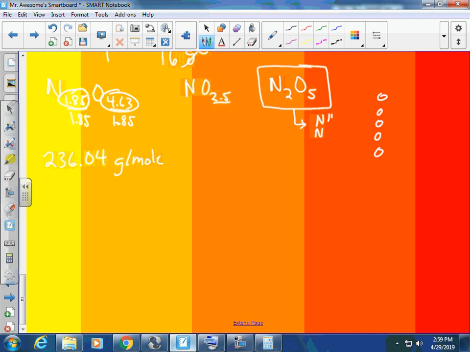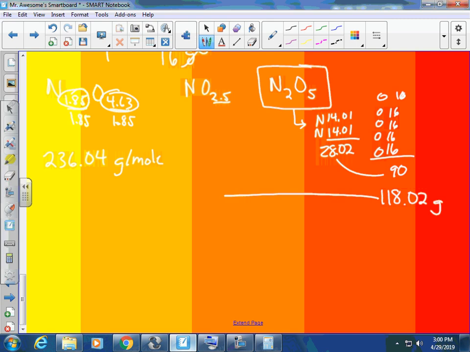Each N is 14.01, that's 28.02. And each oxygen is 16, so 16 times 5 would be 90. If I add those two numbers together, I find out the mass of this is 118.02 grams.